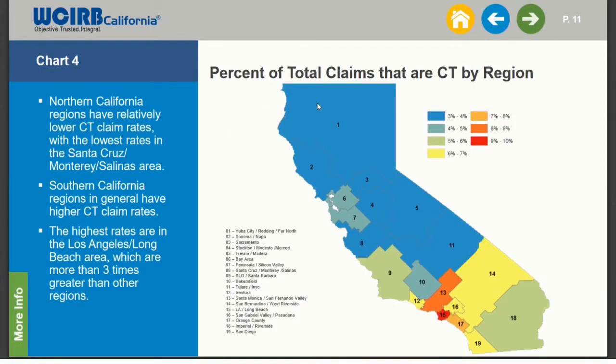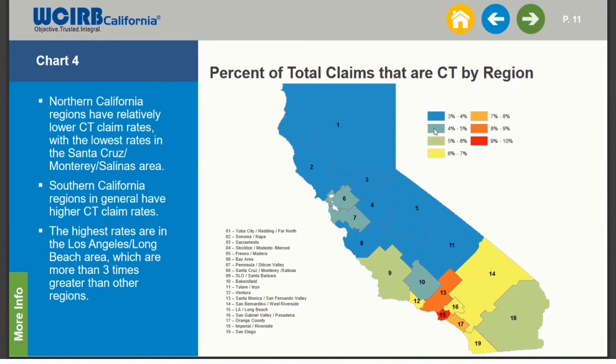And this chart shows a map of California, and different regions within the state are identified by the percentage of total claims that are cumulative trauma injury claims. So the regions here in blue have a very low percentage of cumulative trauma injury claims. For example, the chart tells us that only 3 to 4% of all claims are cumulative trauma injury claims.